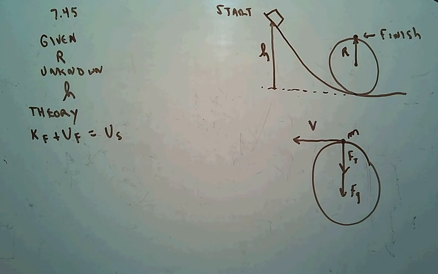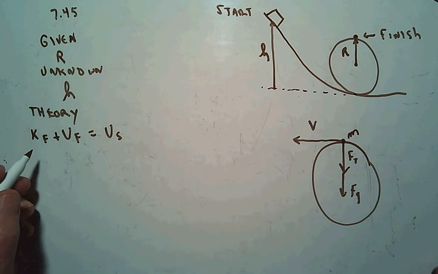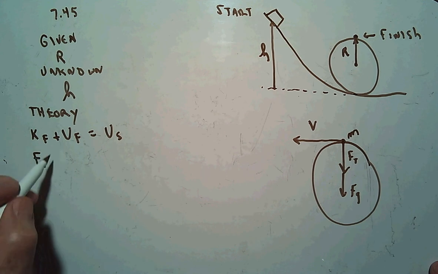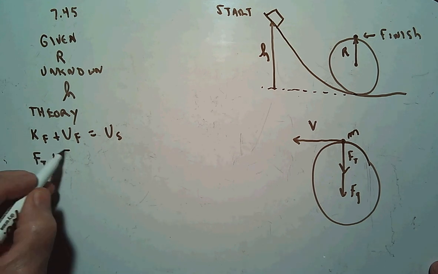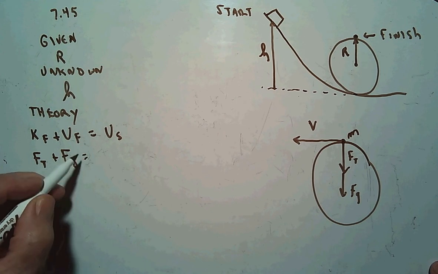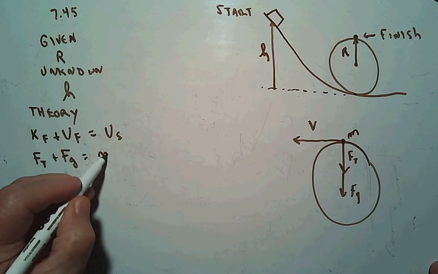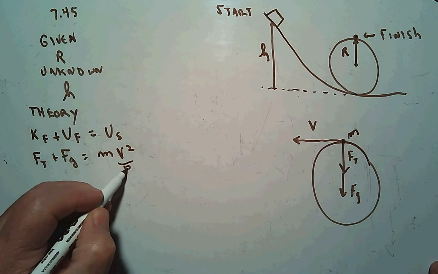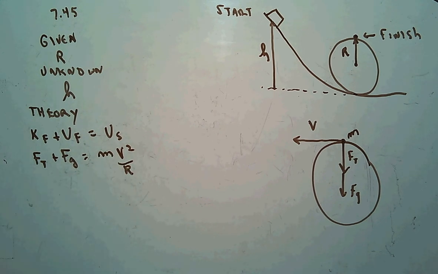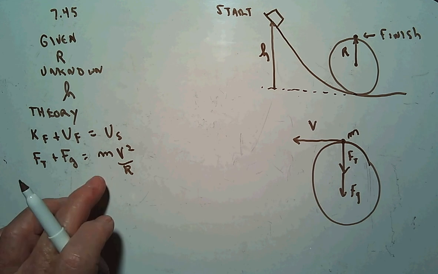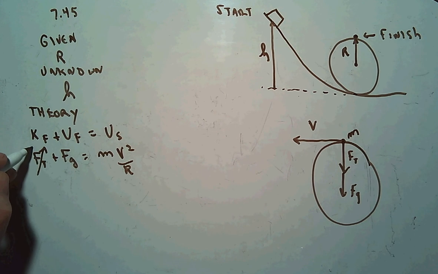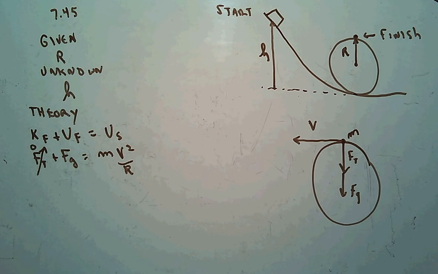In order to be able to make it around the track, the force of the track plus the force of gravity must produce a centripetal force to keep it on the track. Now, this centripetal force will be a minimum whenever the force of the track is equal to 0.